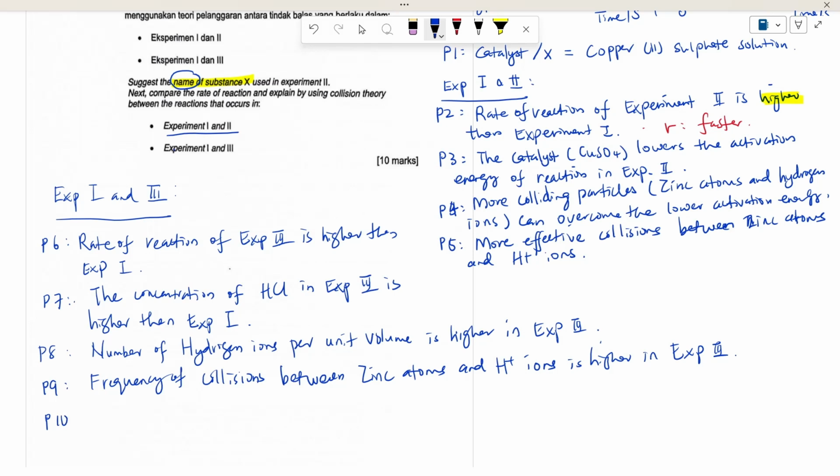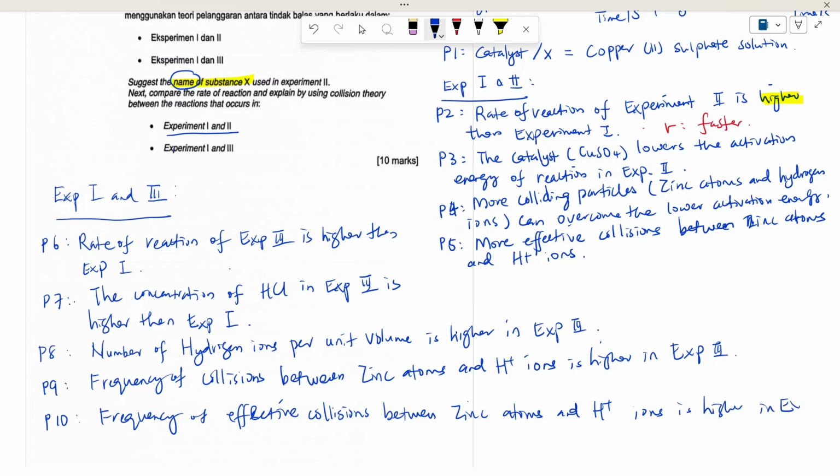Last point, the frequency of effective collisions between zinc atoms and hydrogen ions is higher in experiment 3. So that's why it has a higher rate of reaction for experiment 3.